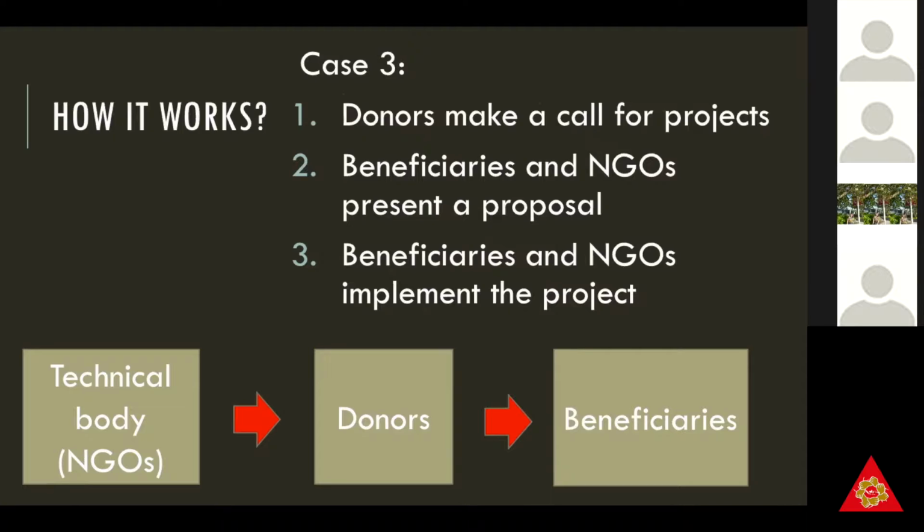So this is a slightly different case, and I hope that in Amman and with BPAN we could have this kind of configuration when NGOs and beneficiaries work together and present proposals to donors.